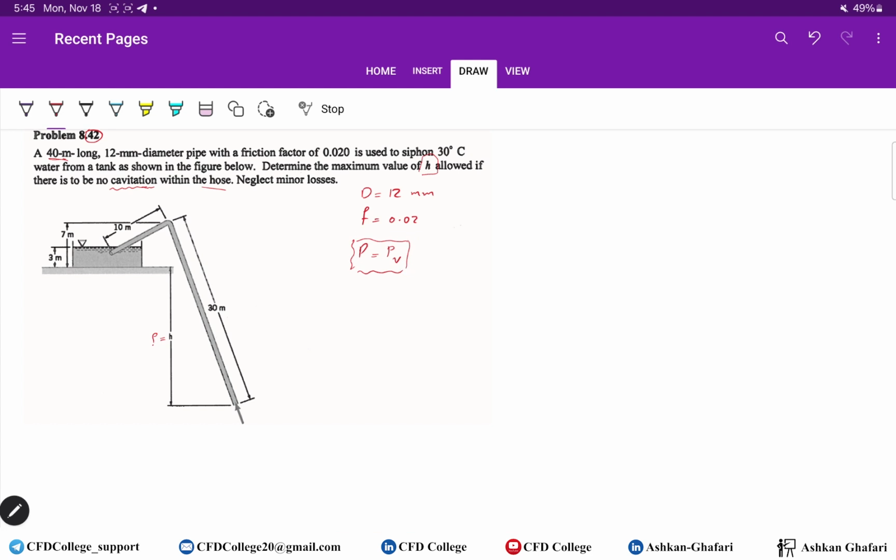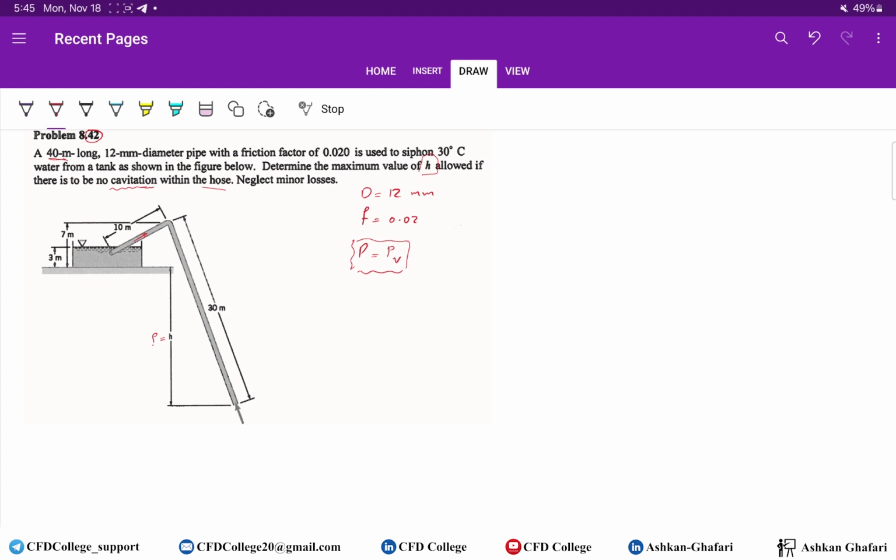Usually the pressure is much above this vapor pressure. That's why we don't have cavitation in the pipes in our houses or something like this. But here, since the water first goes up, it might happen.